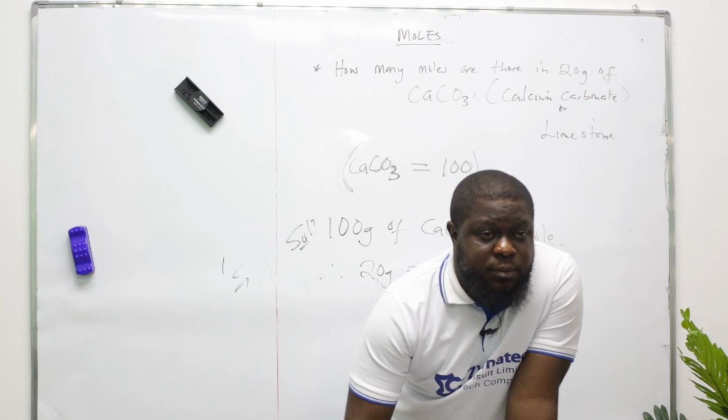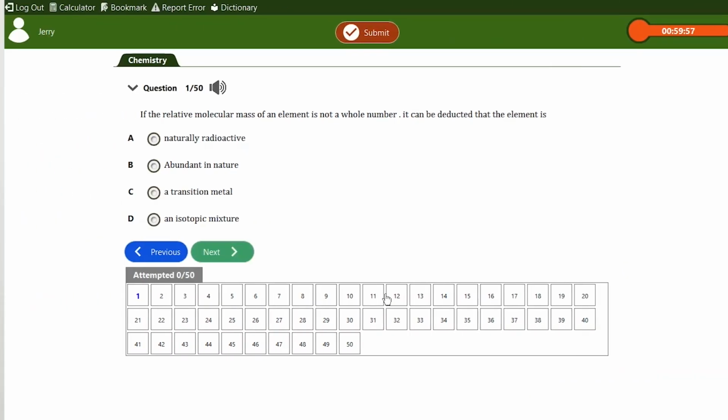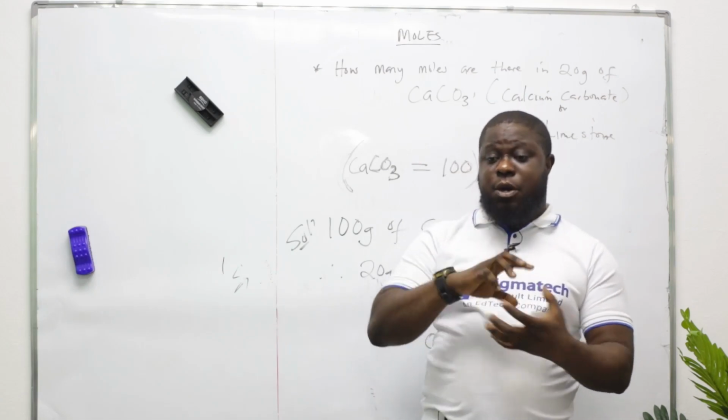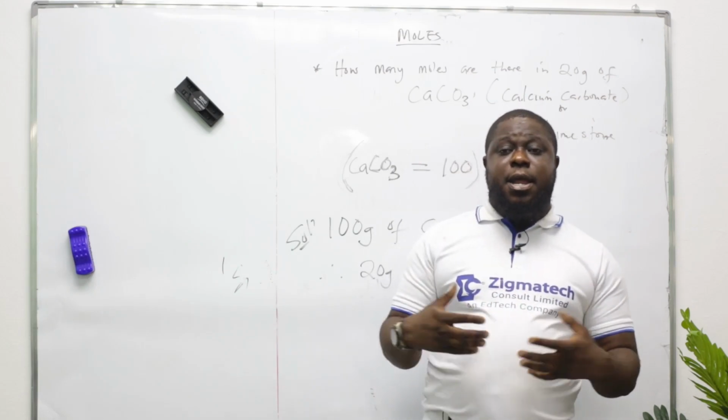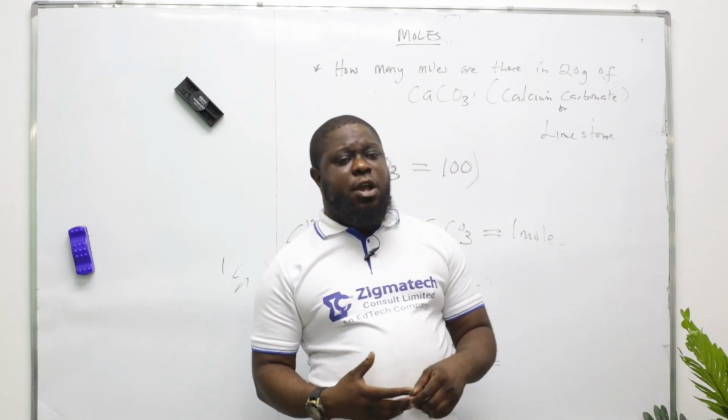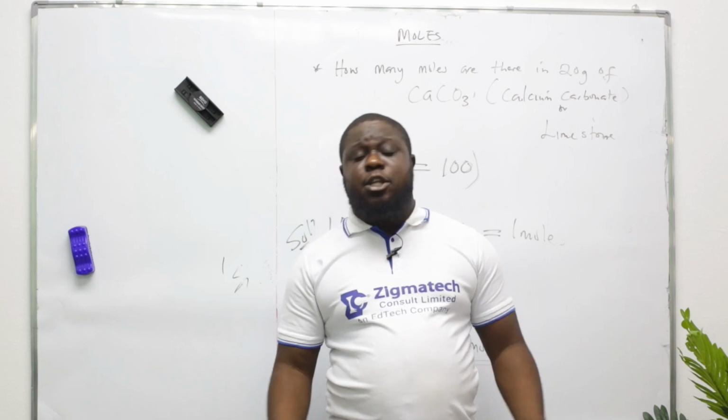question 1. If the relative molecular mass of an element is not a whole number, it can be deduced that the element is, I told you when I talked about chlorine, that if the molecular mass is not a whole number, it becomes a mixture, and that mixture is called an isotopic mixture.